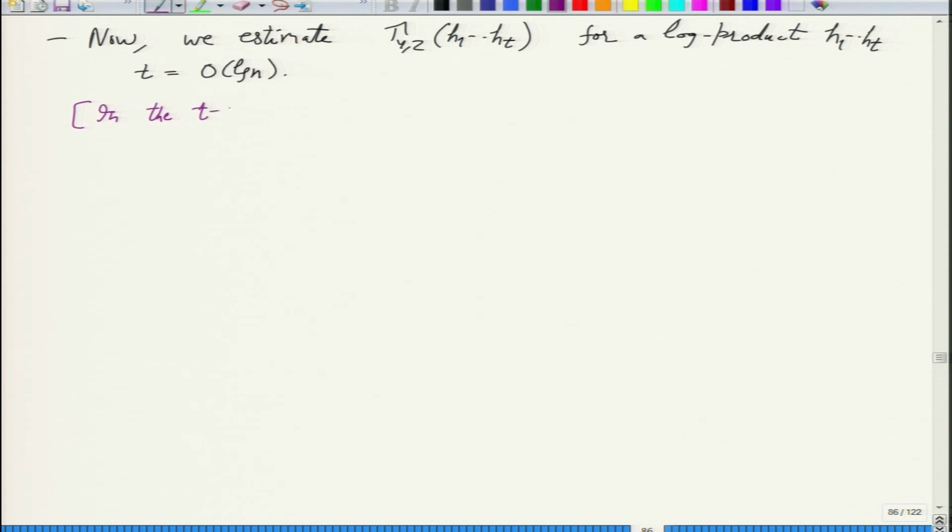In the T product case, we got the error probability something like 2 raised to minus t. Very vaguely speaking, you got 2 raised to minus t. T was something like n raised to 1 by delta.